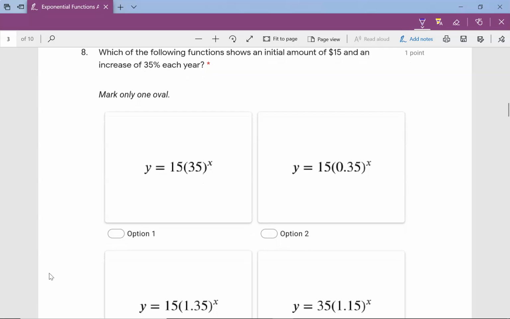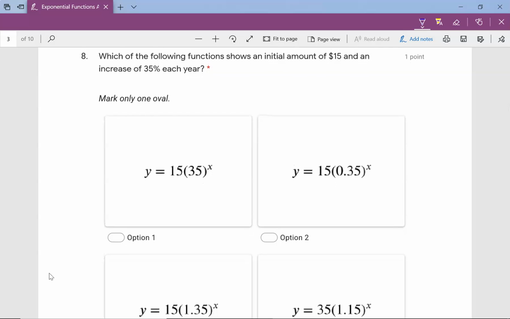For the next one, it says, which of the following shows an initial amount of $15? I'm going to start with just that because I can already see one that I can eliminate. So remember, general functions go y equals a times b to the x, where b is that 1 plus or minus r. In this case, it says increase, so we're talking about 1 plus r.